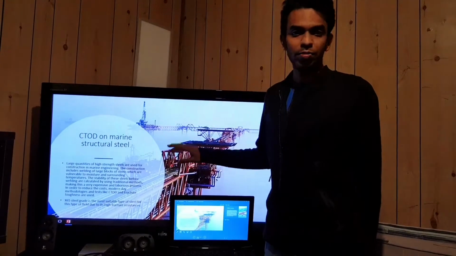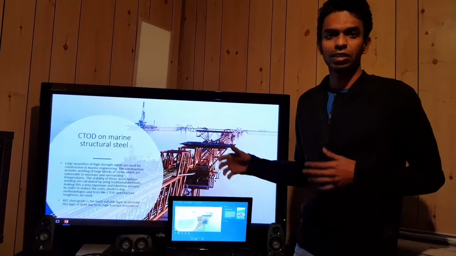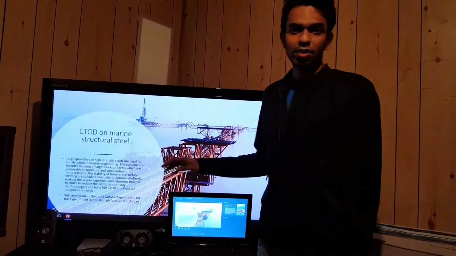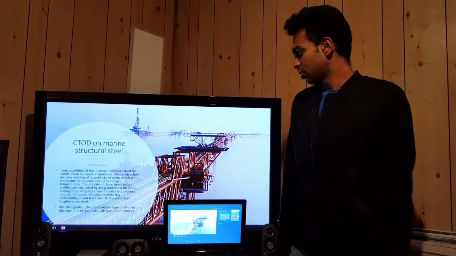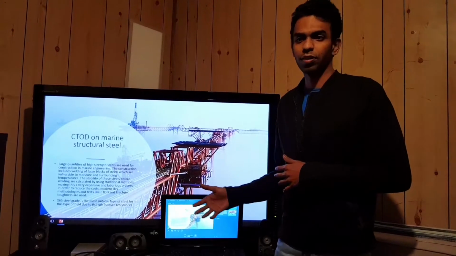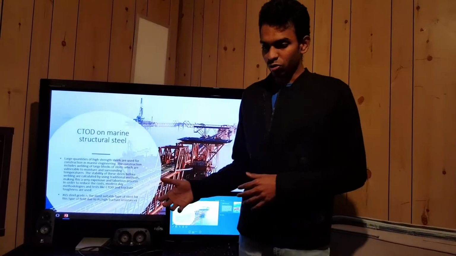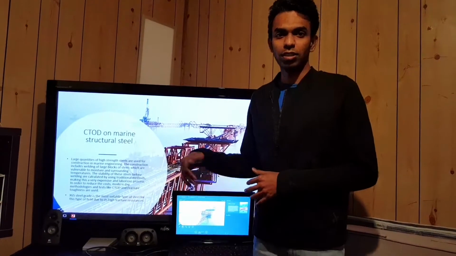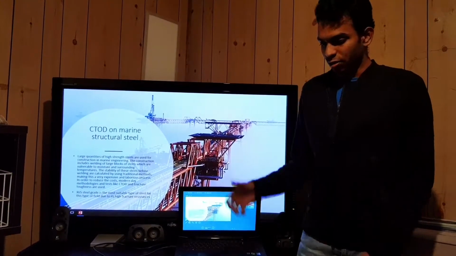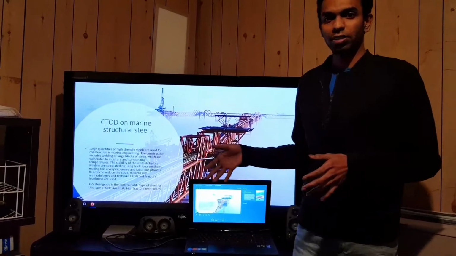So the CTOD in marine structural steels. We know that marine engineering consists of a lot of fields like submarines, buildings, oil rigs, and all. So why is it so important in these fields? For example, let us consider submarines. Submarines are necessary for underwater travel and for army and security. We know that water pressure increases with the depth we go. So the more the depth, the more the water pressure. When the material goes deeper, it faces a high amount of external forces like water pressure.